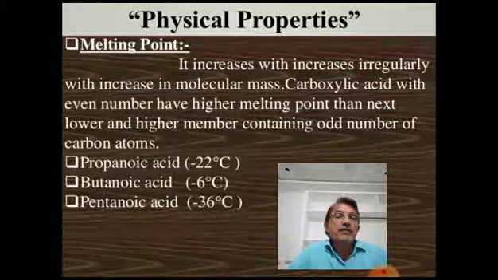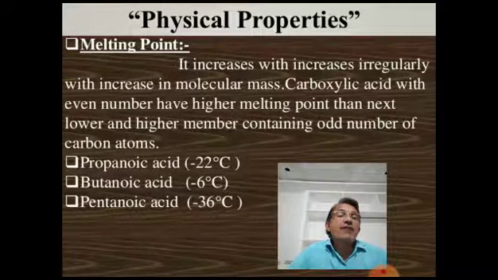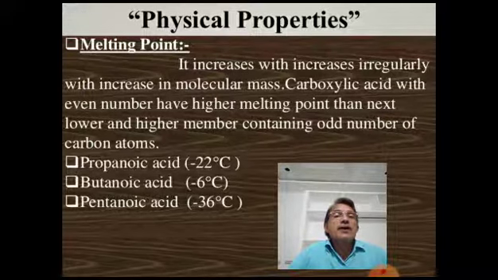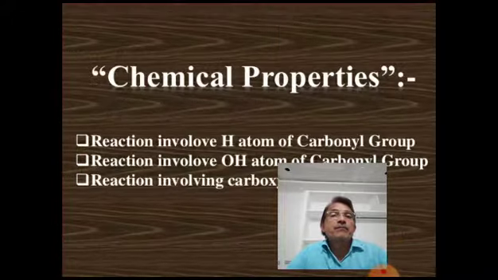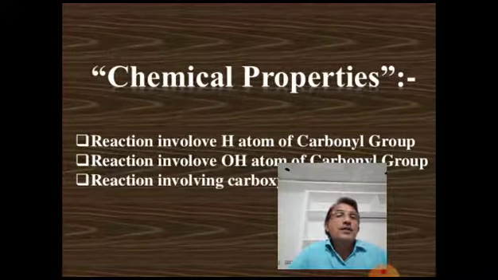Propanoic acid melting point is minus 22 degrees centigrade, whereas the melting point of butanoic acid is minus 6 degrees centigrade, and the melting point of pentanoic acid is minus 36 degrees centigrade. It means that the melting point values are not continuously increasing, but they have some irregularity in their melting points.